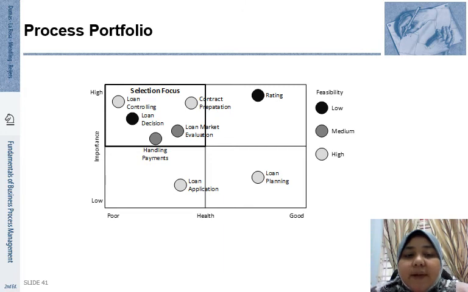So you boleh identify lah ni importance, health, feasibility, and place these processes according to dia punya grid. Then you baru boleh buat implementation. Kalau tak, nanti you tak boleh nak select mana satu yang lebih important. You don't have insight. So this portfolio processes give a good insight for you to implement. You select untuk implement apa lepas ni. Faham?